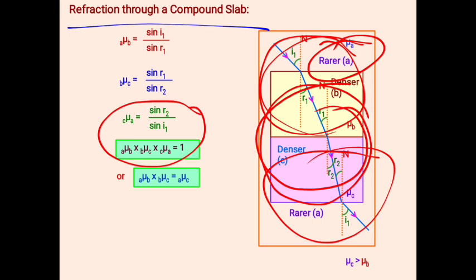The refractive index of denser medium B with respect to denser medium C is given by the refractive index of rarer medium A with respect to denser medium C, divided by the refractive index of A, meaning rarer medium to denser medium B.